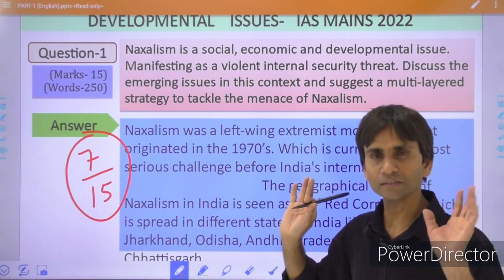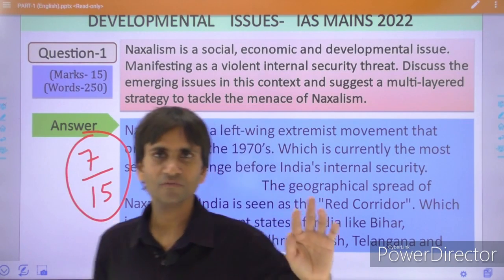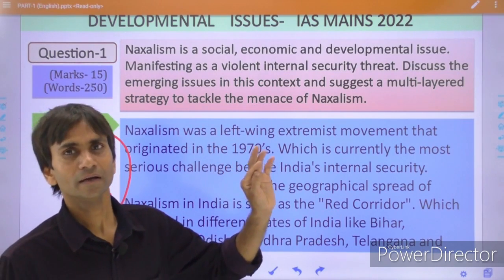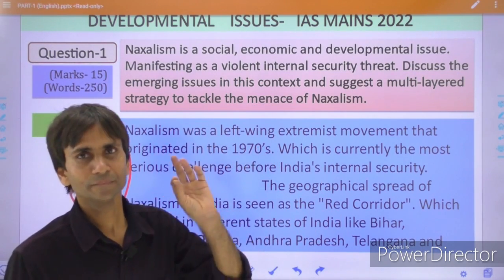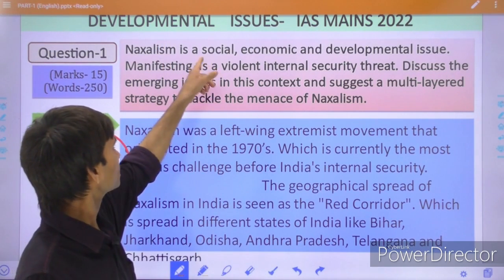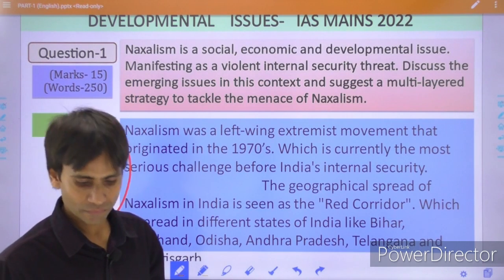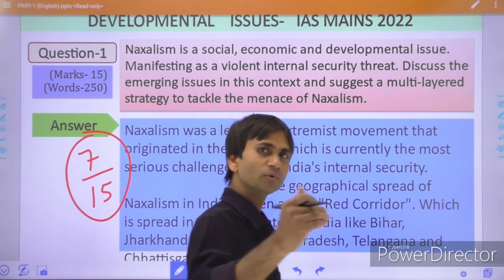More than sufficient. Three important pieces of information we have inserted: what Naxalism is, where it started, and what the time was. Now you should change the paragraph and write the answer: is Naxalism a social problem? If yes, then you have to explain.